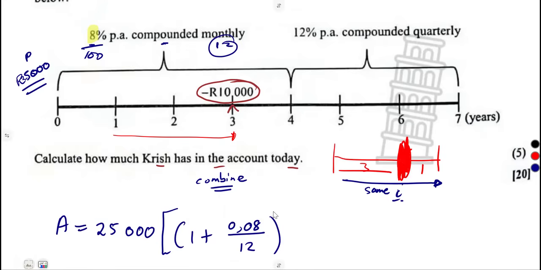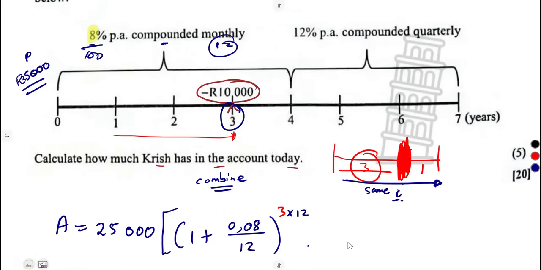So the first 3 years are under the same interest rate, compounding monthly, which is 12. So that's 3 times 12. That is the first 3 years before the withdrawal, because the withdrawal was made in the 3rd year.